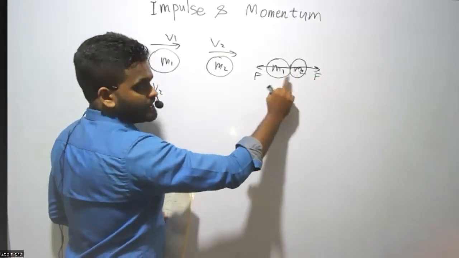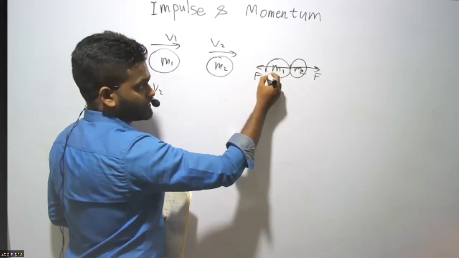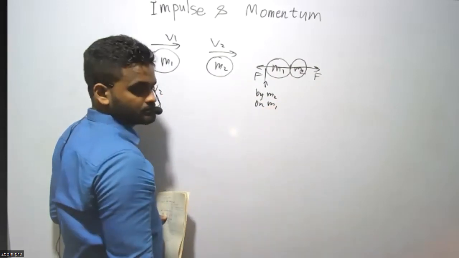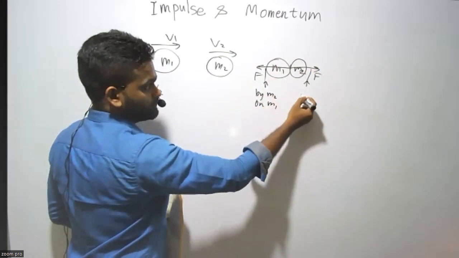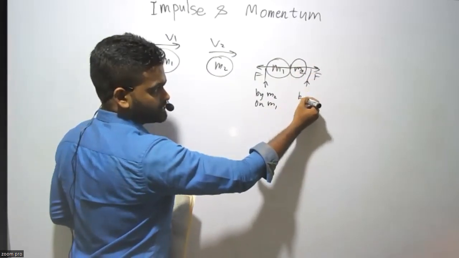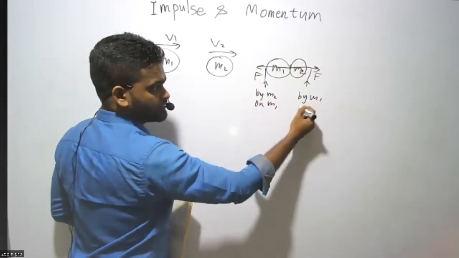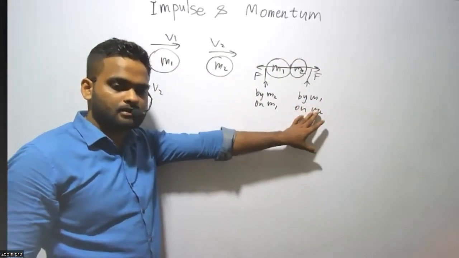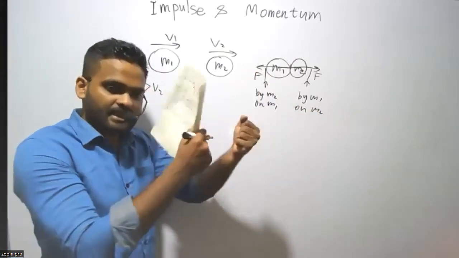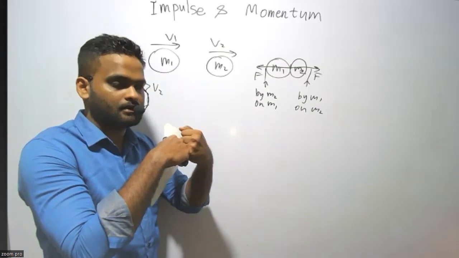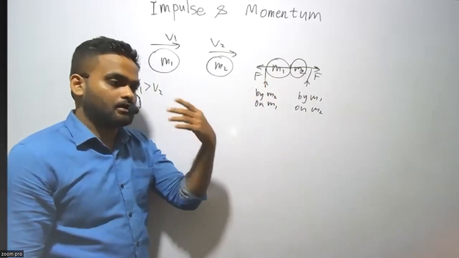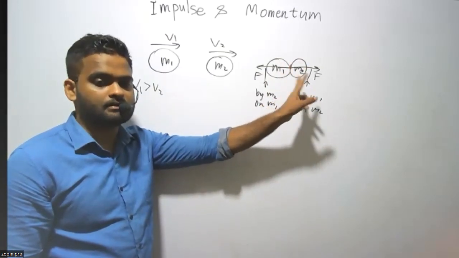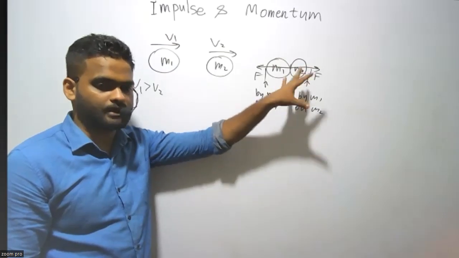This force is created by m2 on m1. So how do you find the reaction force? Reaction force is by m1 on m2. So that is how action reaction forces work, right? For any collision, not only collisions, explosions and all those, action reaction forces are equal in magnitude, opposite in direction.